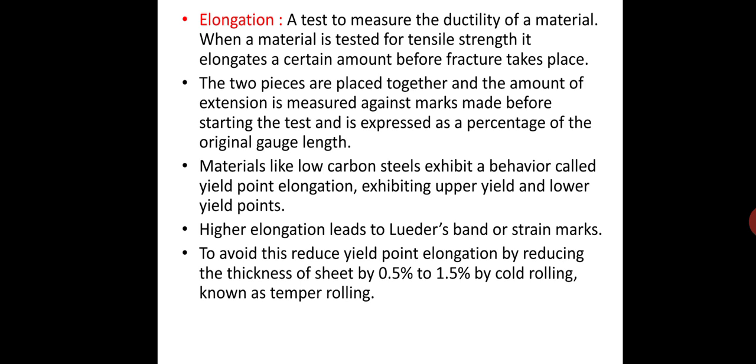Higher elongation leads to Luders bands or strain marks. To avoid this, reduce yield point elongation by reducing the thickness of the sheet by 0.5% to 1.5% by cold rolling, known as temper rolling.